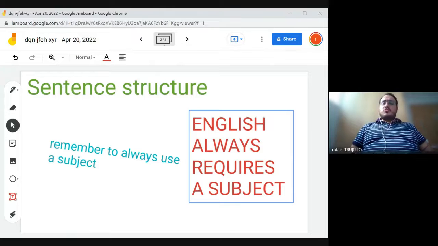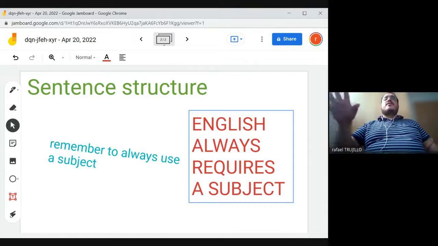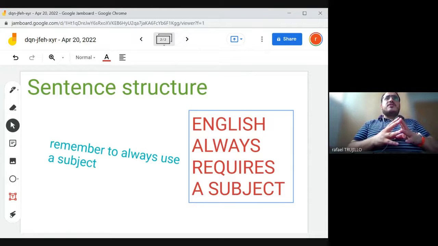El sujeto, nosotros en español, como ya seguramente lo vieron en alguno de sus otros módulos, puede ser implícito, tácito. Estos sujetos no existen en inglés. English always requires a subject. El sujeto puede tener diferentes vistas, pero al final siempre requerimos un sujeto.